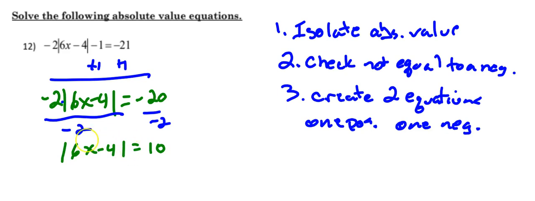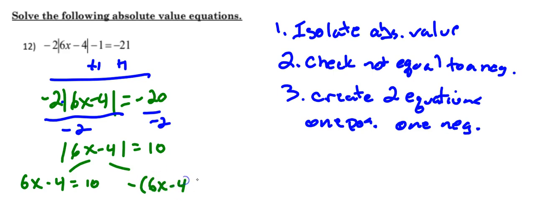There's nothing behind it or in front of it. So we can create our 2 problems. It's going to be 6x minus 4 equals 10. And then in parentheses, negative 6x minus 4 equals 10.